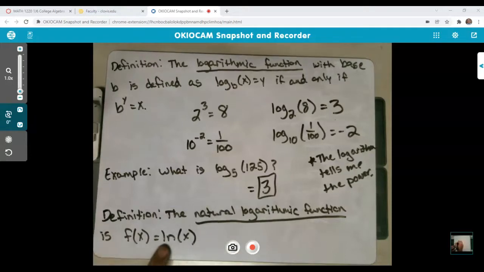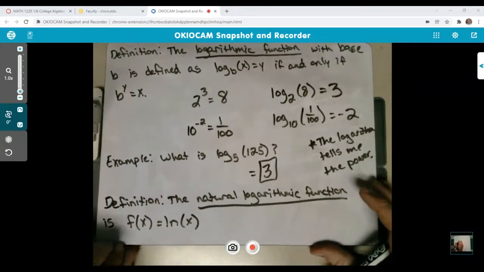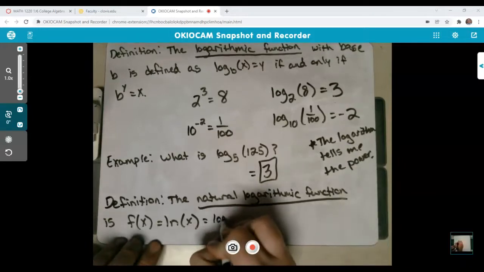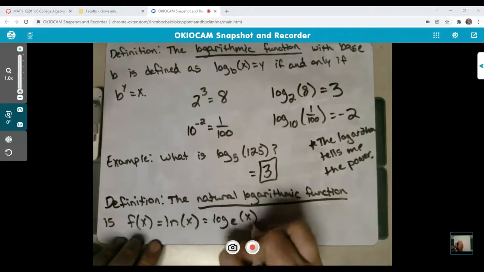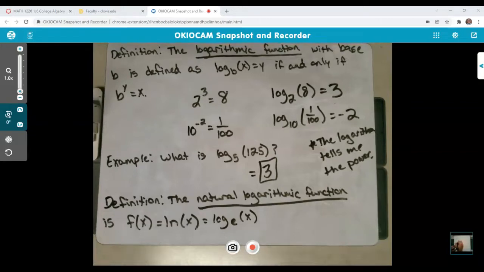And ln is a quicker way to write log base e. So if you ever see ln, what that really is is log base e. Okay? Ln is log base e. One more time, just to make it super duper clear, the logarithm tells me what the power is. So keep that in mind.